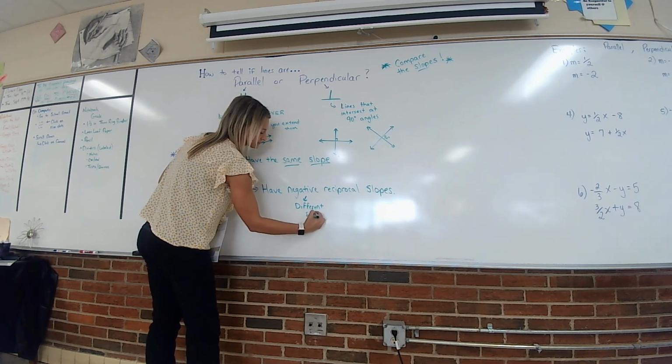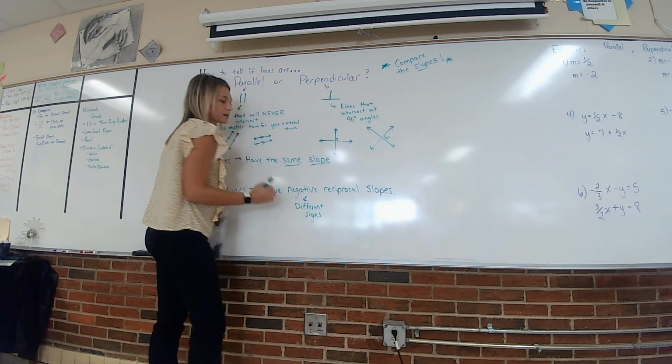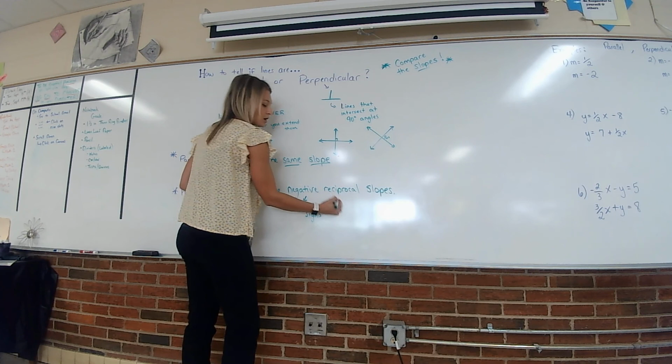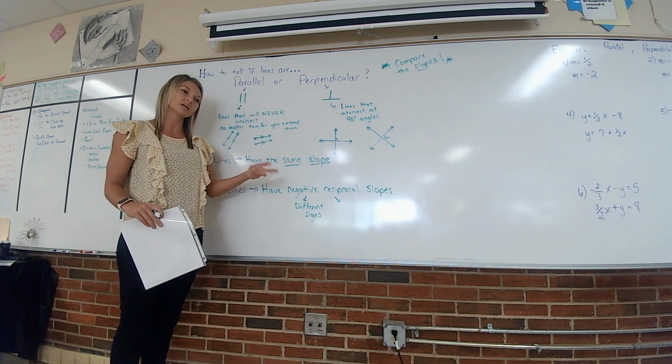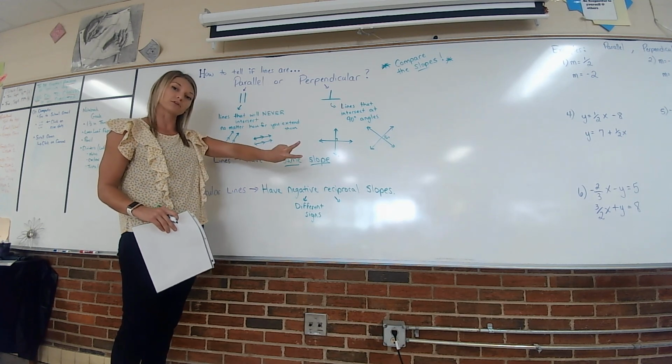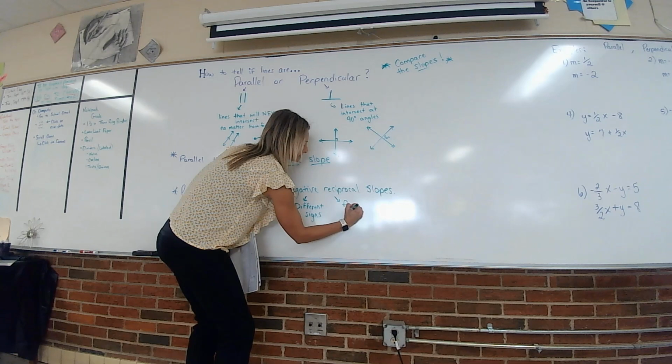They have different signs. And then the reciprocal part, you've heard that word before, but a lot of people forget what this word means. Reciprocal means that if you think about it like a fraction, their fractions are flipped from one another, okay? So I'll just put the fraction is flipped.